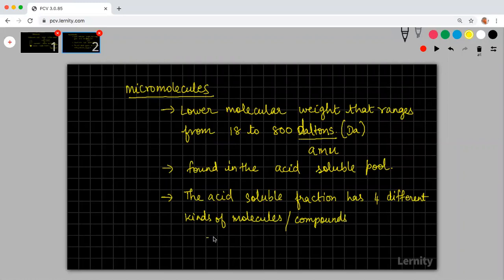It is proteins, nucleic acids, wait a minute.